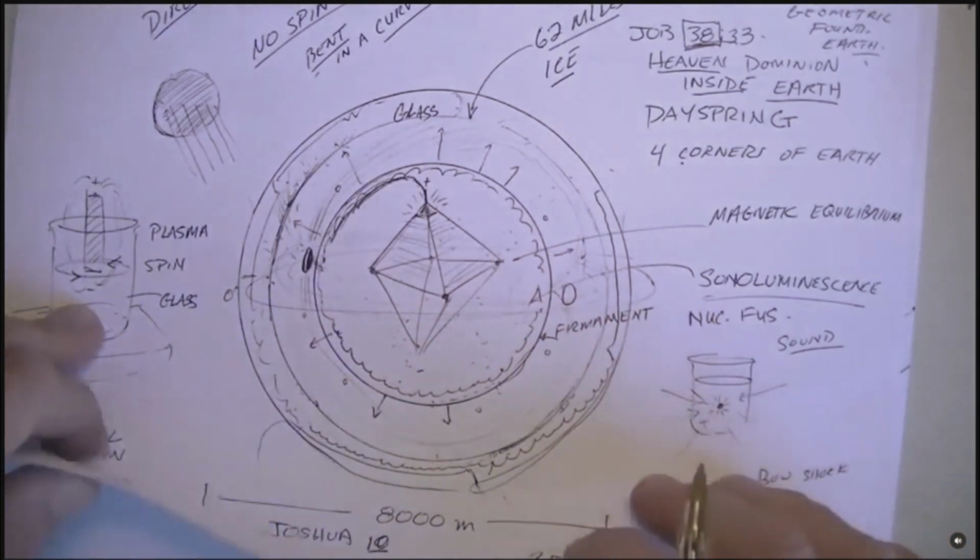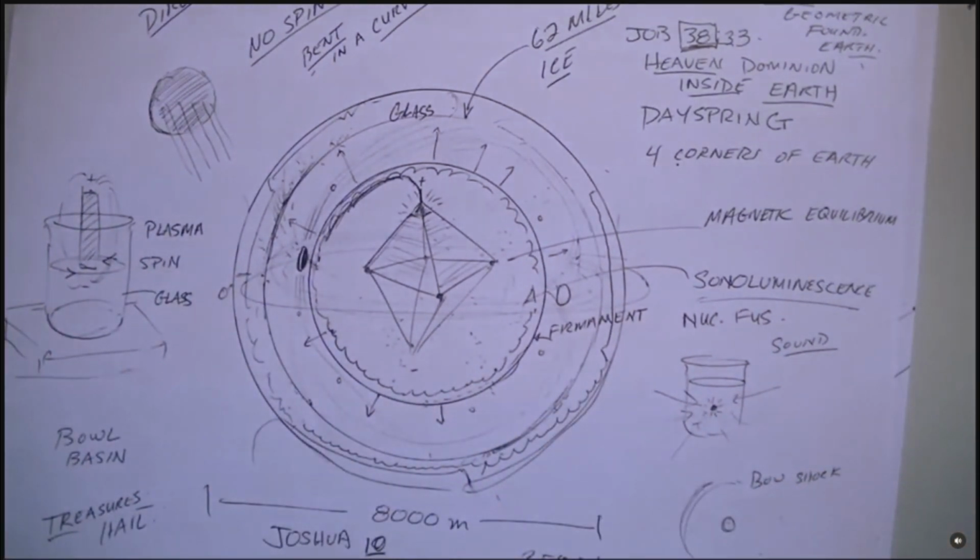Now, let's talk a little bit about the sun stopping. Isaiah chapter 60. I think it's in 60.